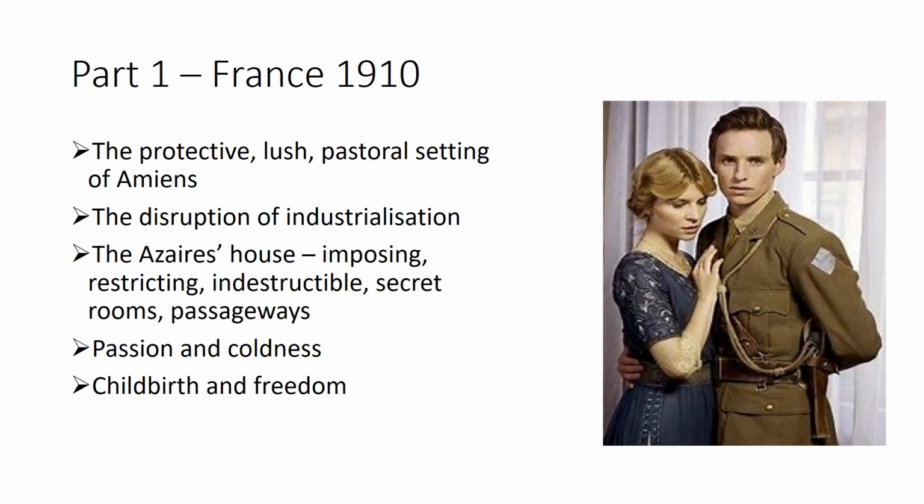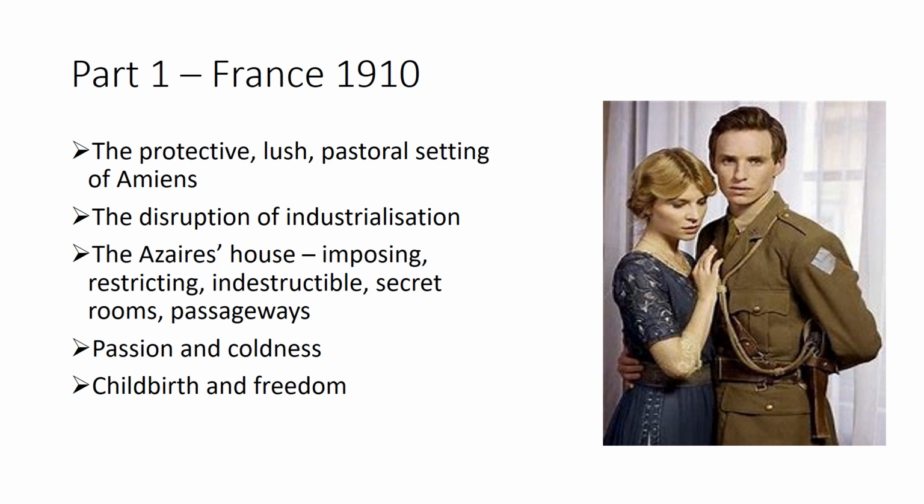So part 1, France 1910 in Amiens, in the Azaire household. Some things to look out for and be aware of as you're reading the novel in terms of your annotations. Look out particularly on the opening couple of pages for the protective, lush, pastoral setting of Amiens, because it's important to note how that changes later in the novel.